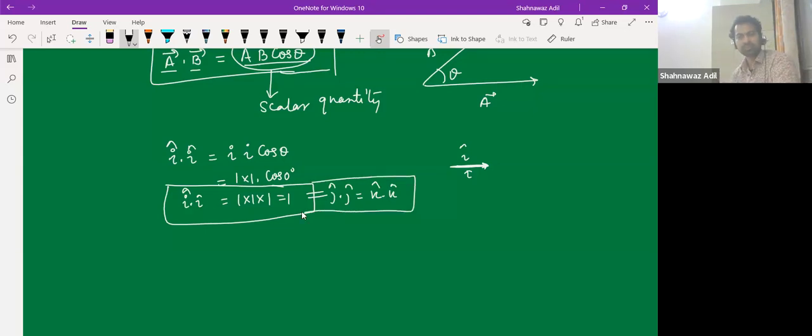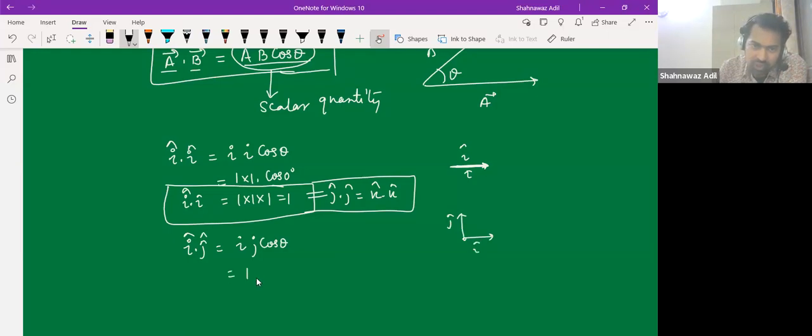Let us find out what I dot j would be. It is the I magnitude, the j magnitude, and cos of theta. What is the angle between I and j? It is 90, so this is cos of 90.